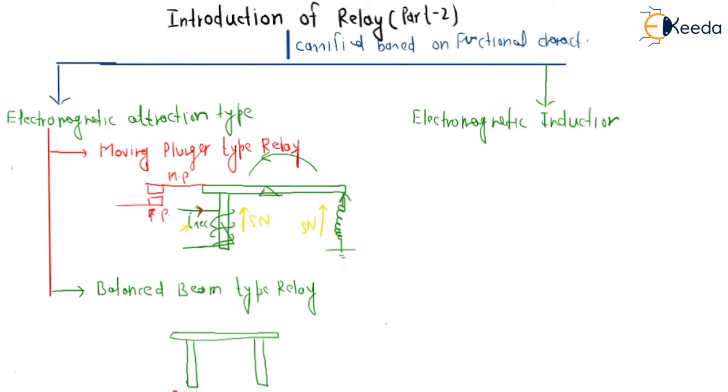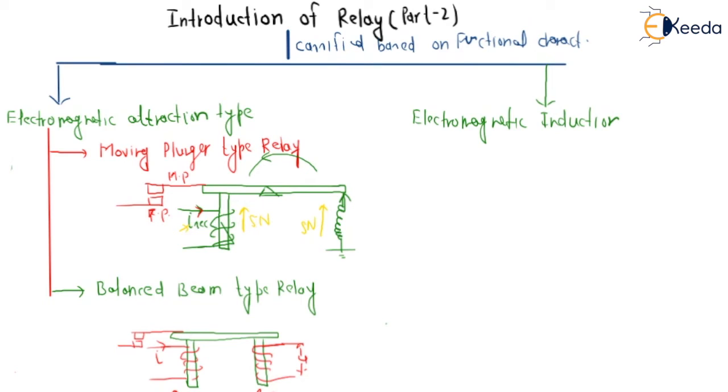Now let us give the operating coil the current value, the secondary of current I, and let us give the restraining coil the secondary of the potential transformer, that is small v. This will be the poles of the circuit breaker, the fixed pole and the moving pole.